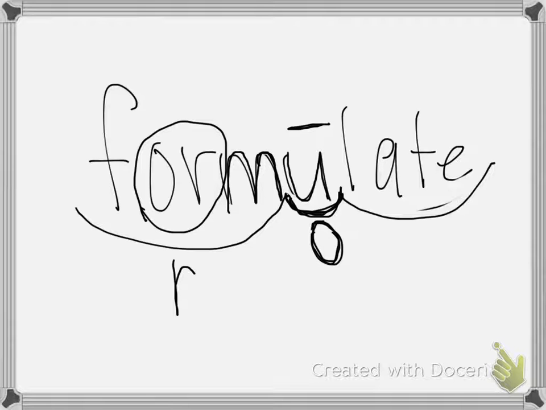Okay, so we know the U says its name. And then the last one, what kind of syllable do we have here? Let's look at our vowel. Is it open? Is it closed? Does it say its name? Well, it does say its name. The A says A, but how does it say A?